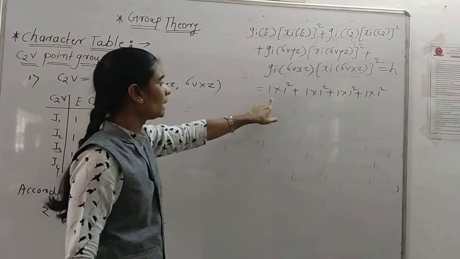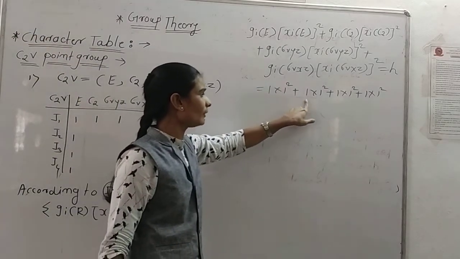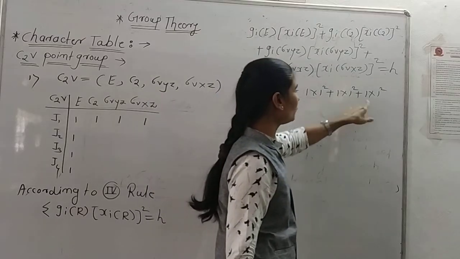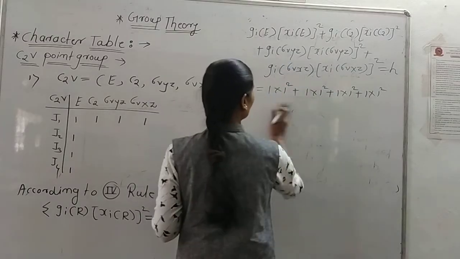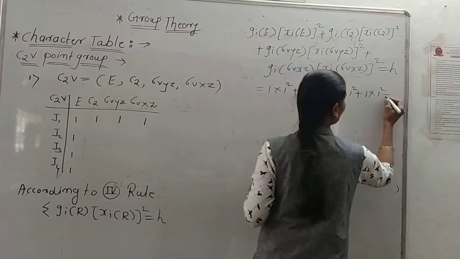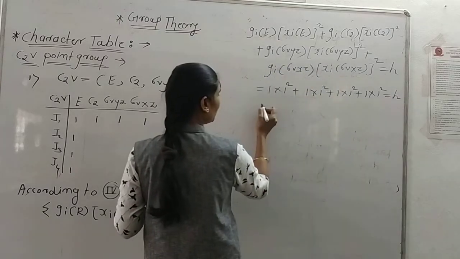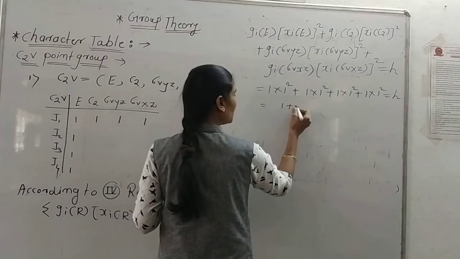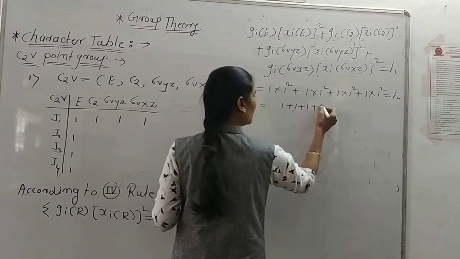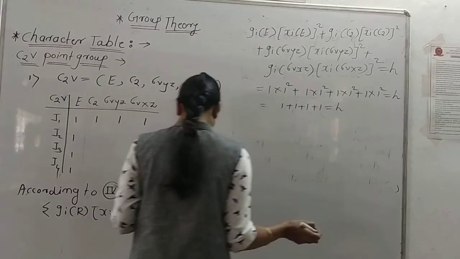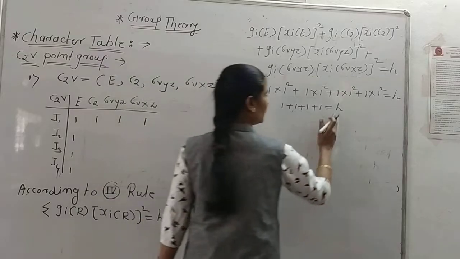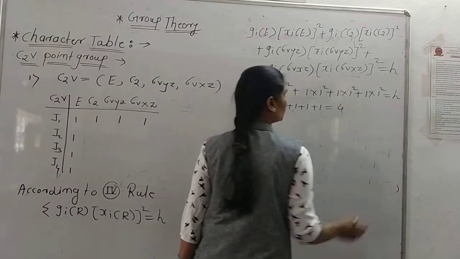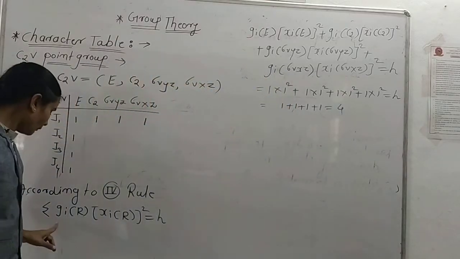So 1 plus 1 plus 1 plus 1 is equal to h, or it is equal to 4. This is according to the fourth rule.